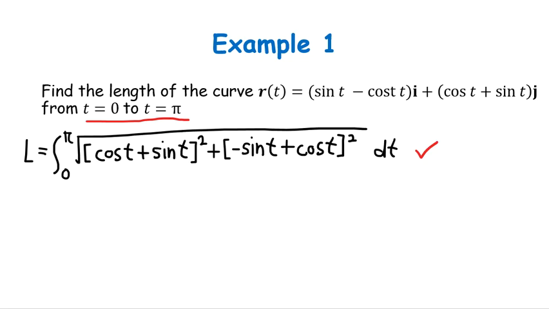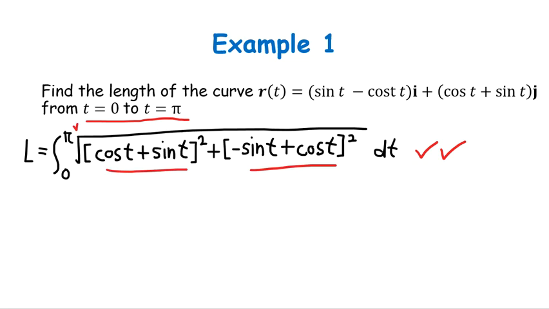Putting all the derivative components that we found previously, you will get the integration from 0 to pi of the square root of (cos t plus sin t) squared plus (negative sin t plus cos t) squared, integrated with respect to t.